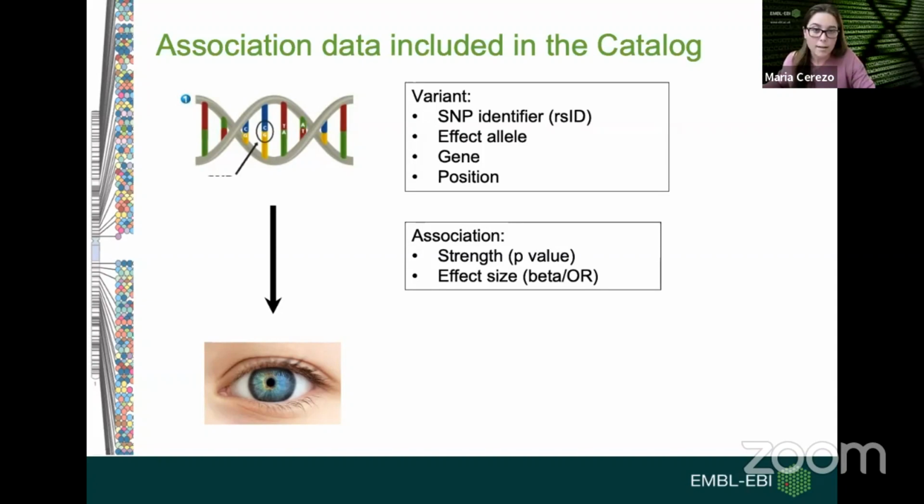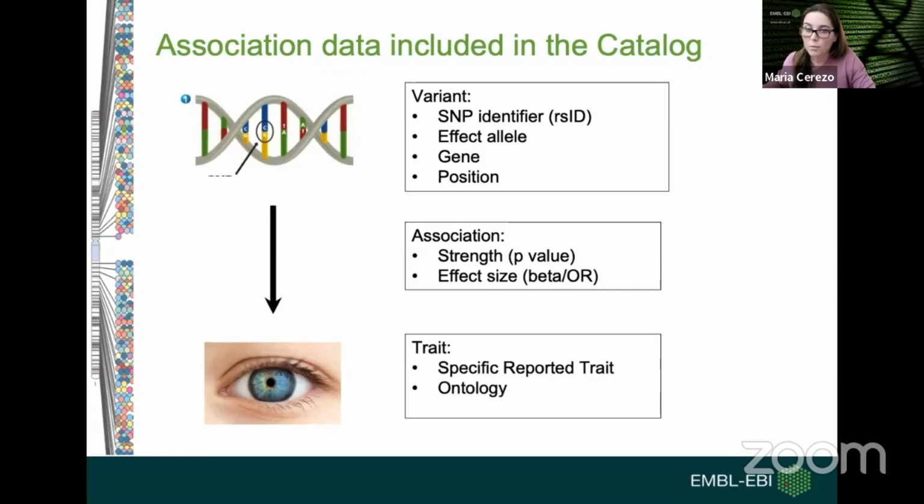And then the measure of the effect size, which could be a beta or an odds ratio. The beta is used when the trait analyzed is a quantitative one, through linear regression, like BMI. And the odds ratio is for qualitative traits, when we have, for example, cases and controls.